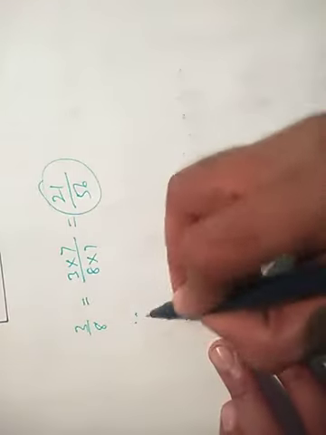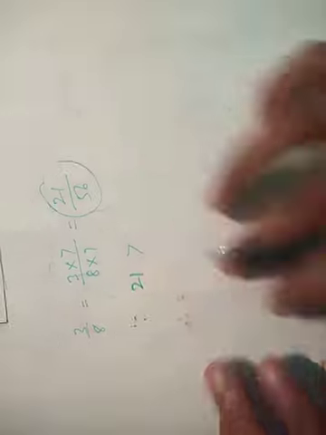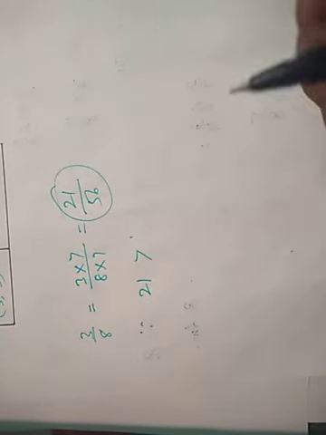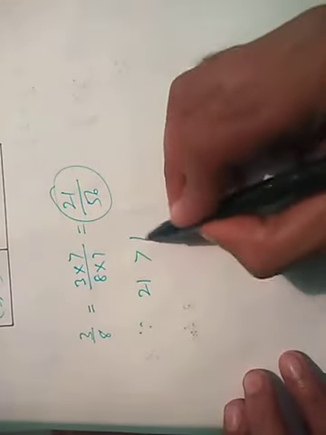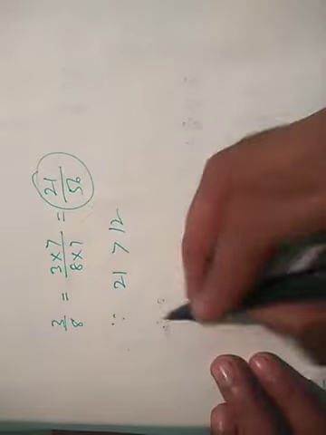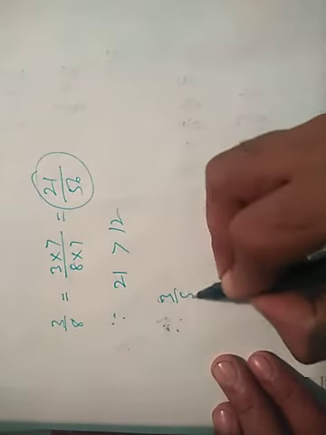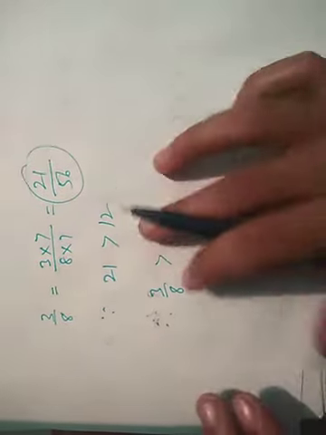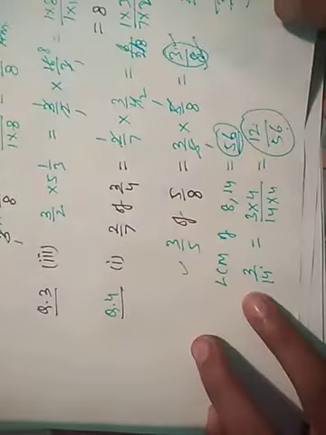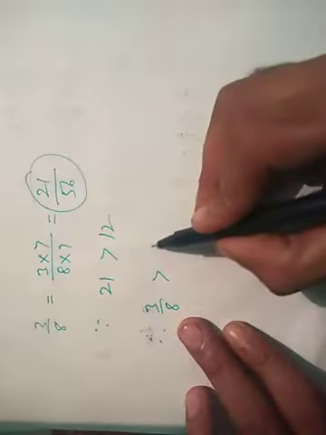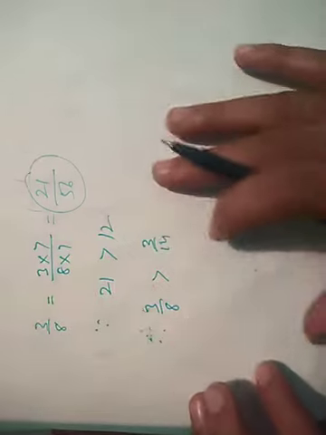Now since 21 is greater than 12, so therefore 3 upon 8 will be greater than 3 upon 14.